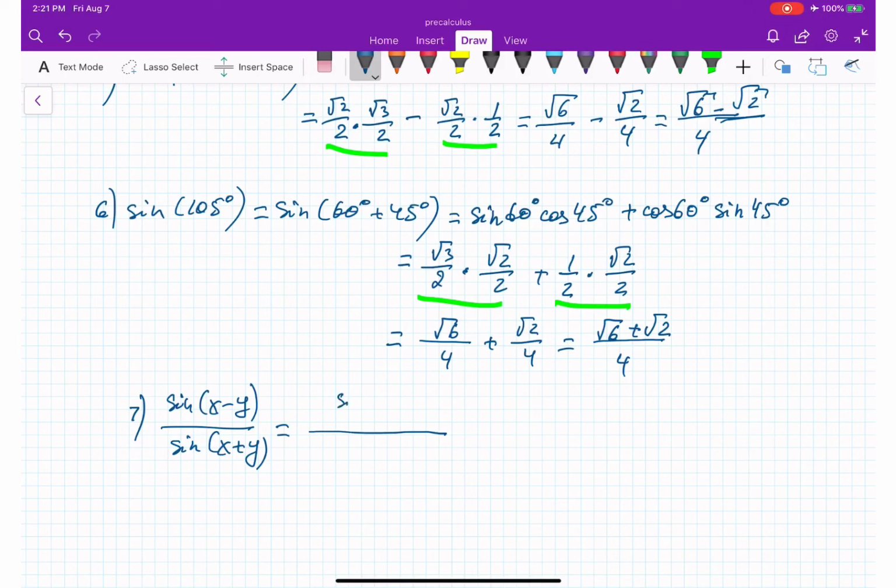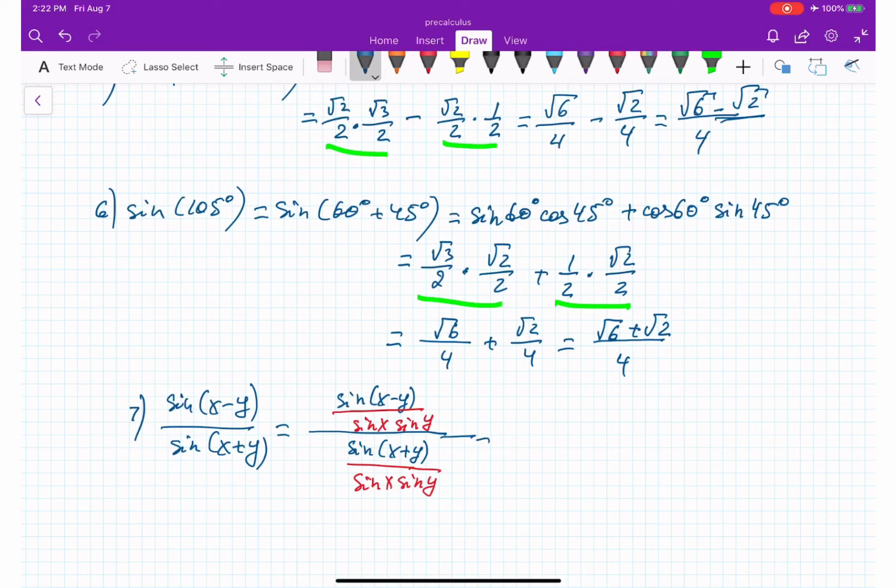So sine x minus y, and here we have sine x sine y, and then in the denominator sine x plus y. Okay, also dividing by the same sine x sine y, because whatever change you do to one part of the fraction, you have to do exactly the same change to the other part of the fraction. What are we going to get here, let's see.